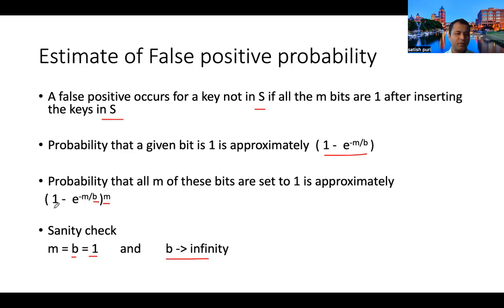Yep, so we expect very small, as b tends to infinity, the false positive rate tends to 0. Okay, a very small number. So, a sanity check: this formula gives you a high false positive rate here and a low false positive rate here, and that makes sense.